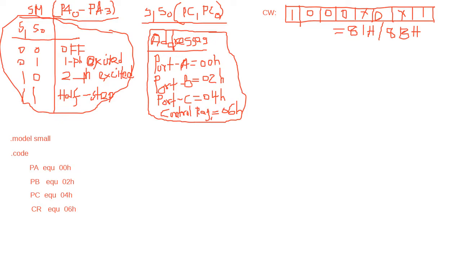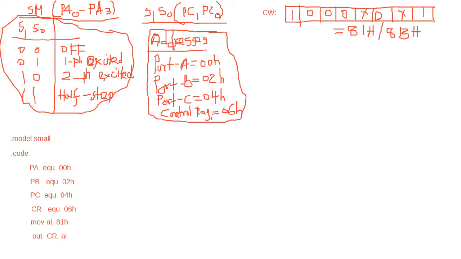The control word is not 80H actually, it is 81H. Then OUT CR, AL. So this is the control word sent to the control register.